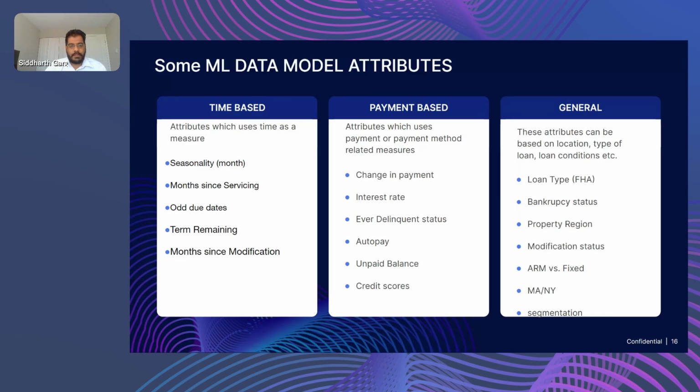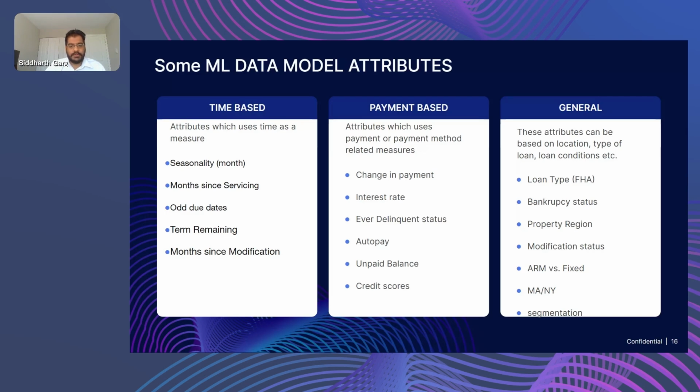Some of the ML model attributes we are looking at are classified into three categories. First is time based, second is payment based, and third are general attributes. Time based attributes use time as a measure, such as seasonality, months in servicing, due dates, term remaining, and months in modification.